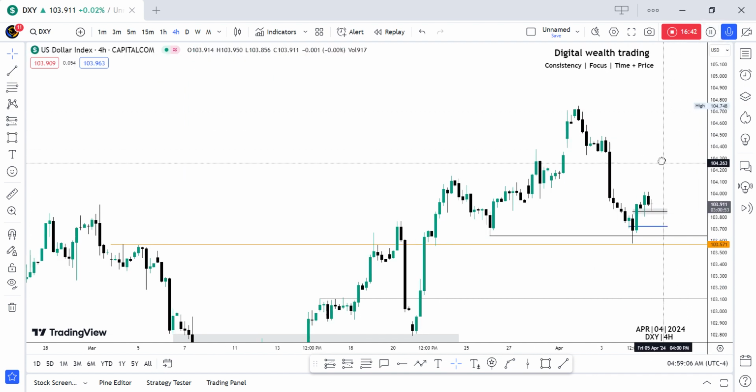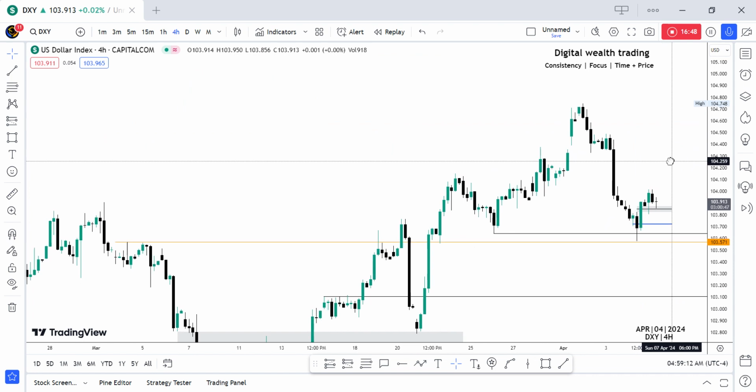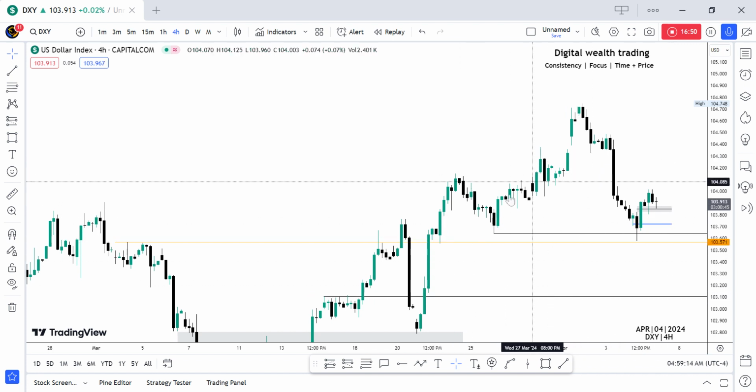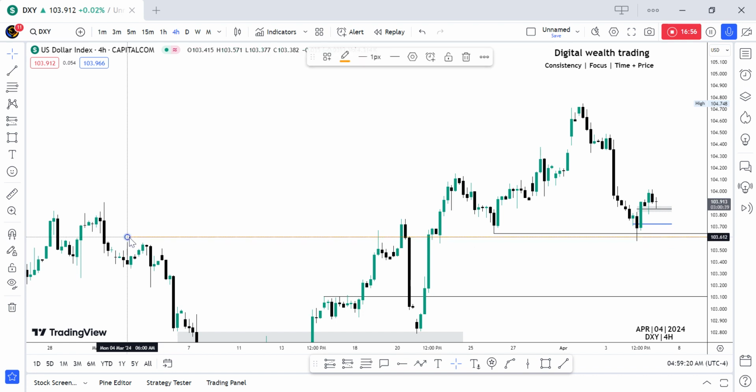Now I think this is the DXY 4 hourly contract, and I think this is very clear. You can see how clear it is on the DXY daily contract.